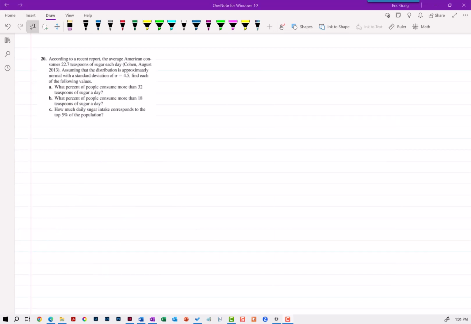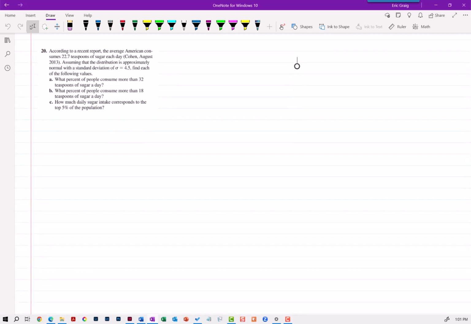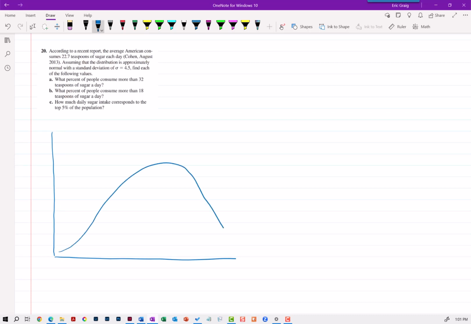So I've cleaned up our space here. And if you played with the calculator at all, you can see there's one other option. And that's the percentage of folks who are either less than 18 or greater than 32. Well, those are the numbers we'll use. And it's almost time to quit because my normal curves are starting to look not that great.